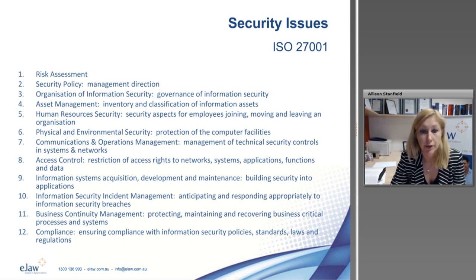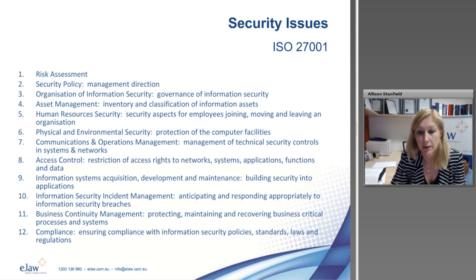Access control, so restriction of access rights and so on, as you would in any network. Information systems acquisition, development and maintenance, so has security been built into the databases, etc. Information security incident management, so making sure that if something does happen, there's appropriate reporting so that you know about it as soon as it happens, not on the front page of the local paper.